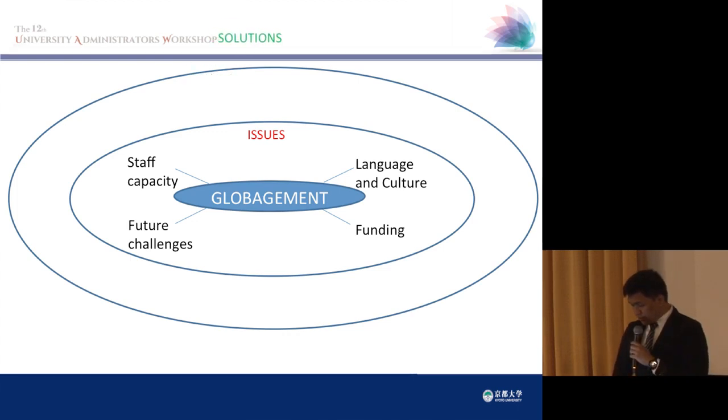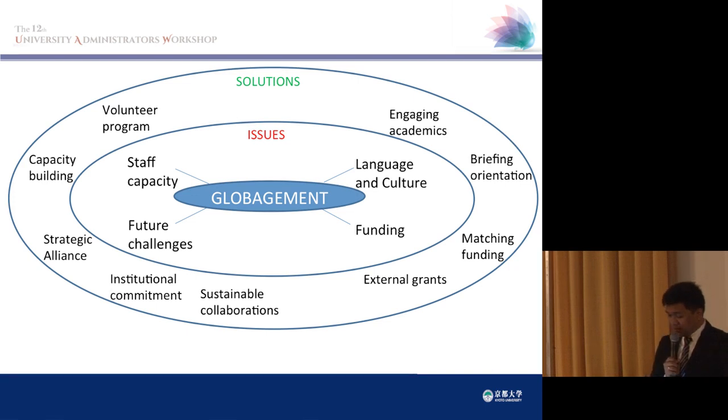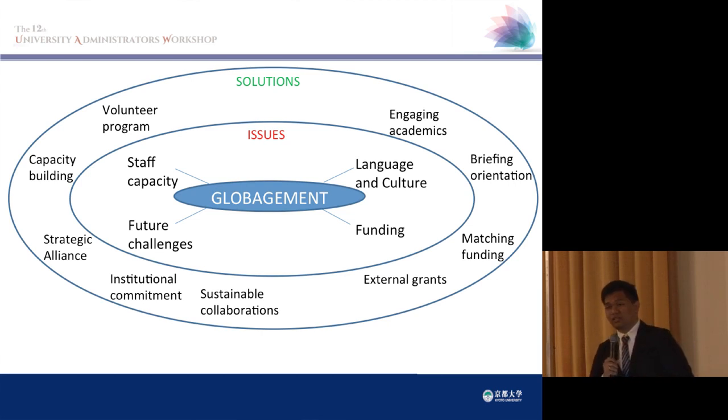So as for the solutions for each issue, I'll start first with staff capacity. As I mentioned before, there are some universities that have some problems with staffing. We included capacity building because we thought that the best way to further improve any kind of program in our universities is to train the staff who handles the program itself.